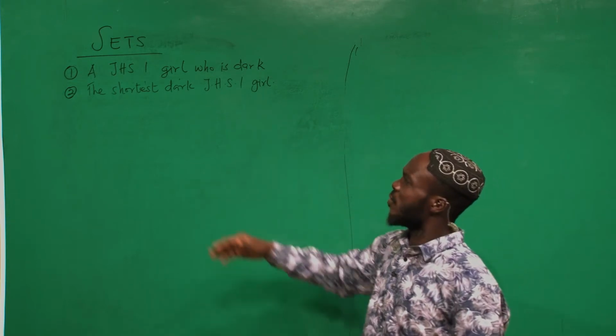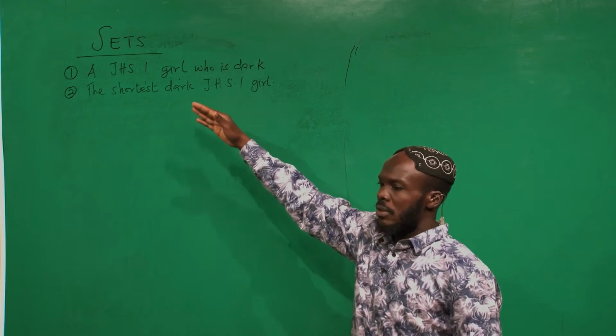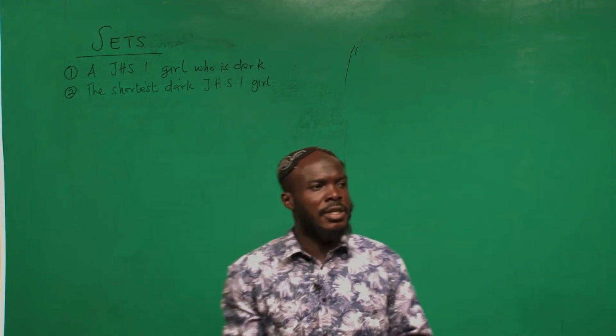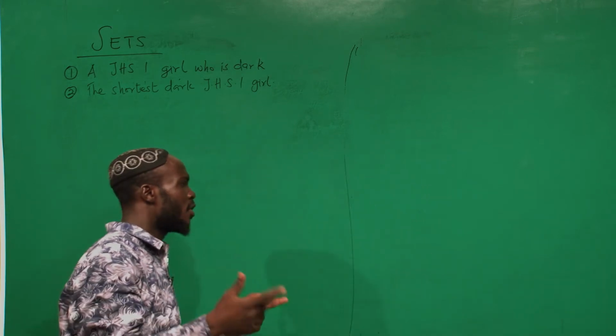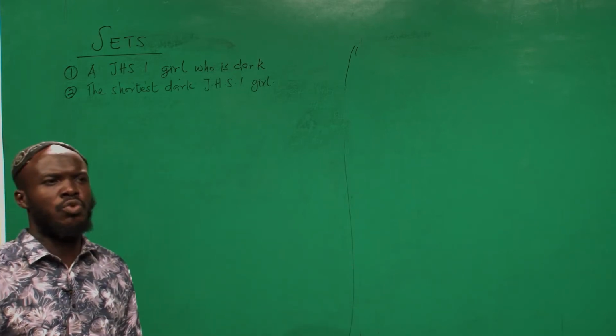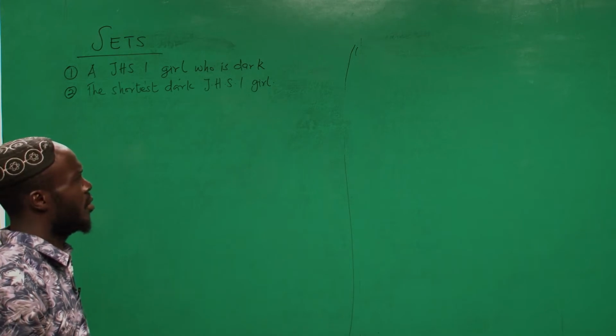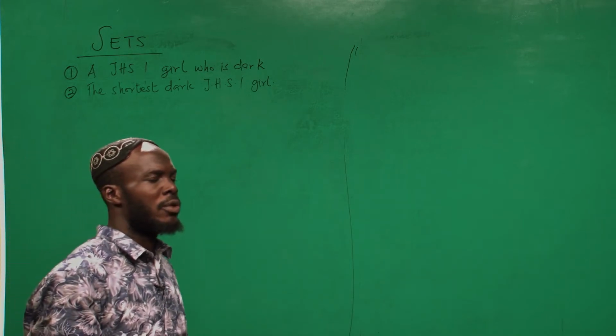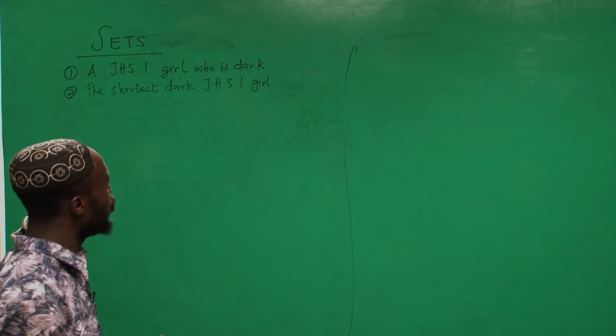You could see that for 1, the person enters the school, gets to the JHS 1 class, and might find about 2 to 3 dark girls. So he or she will be confused about which one to choose.